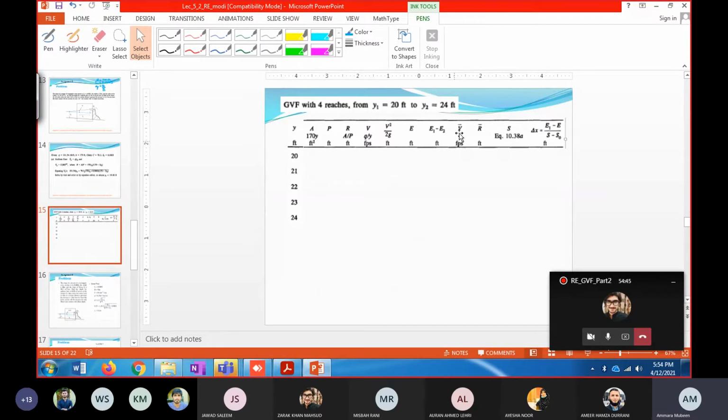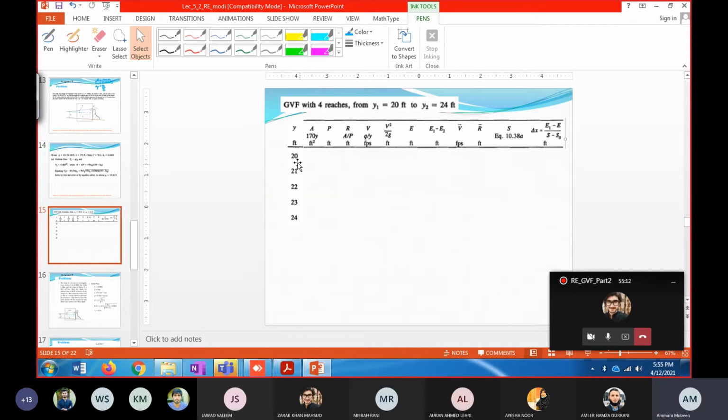For that, you need to calculate the mean velocity and mean hydraulic radius. Using mean velocity and mean hydraulic radius, you will get the mean of the two slopes at the two depths. Just follow these steps of the table, and then you will have the result.